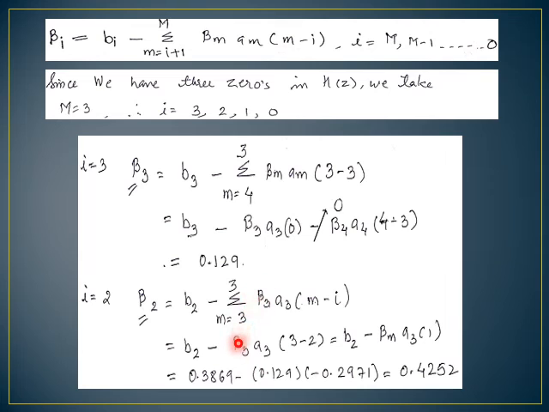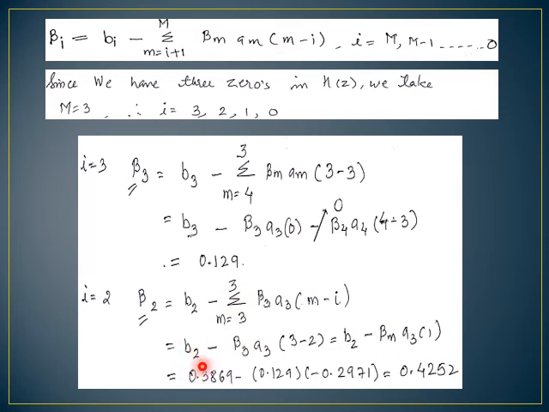So this is B3 A3 of 3 minus 2, since we start with M equal to 3 only. The value of M is 3 and the value of I is 2, so we get A3 of 1, because the value of M ranges from 3 to 3 only.